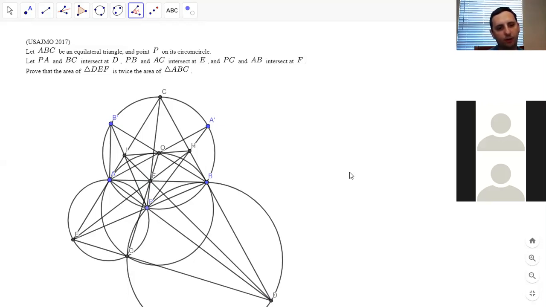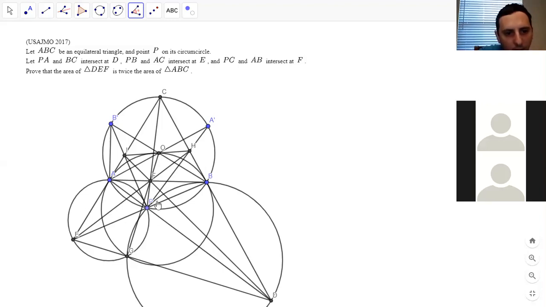Yeah, we really need to just find something about AE and BD. So we have sine 60, because angle APE is 60 degrees. So sine 60 over AE is sine PAG over PG.